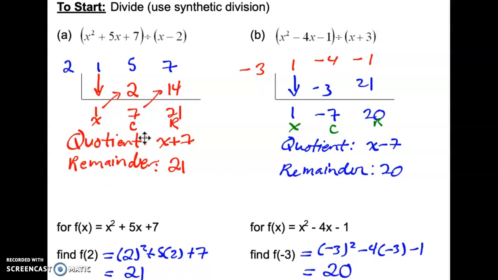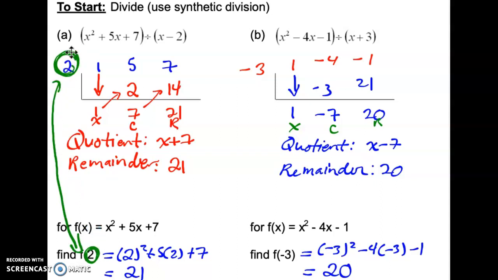Okay, and what you hopefully should notice here is that the remainder ended up being exactly what we calculated when we found f at 2. Or in this case, the remainder ended up being exactly what we calculated when we found f at negative 3. And that 2 and that negative 3 aren't random, because it's the same number that appears on the left side of our synthetic division.